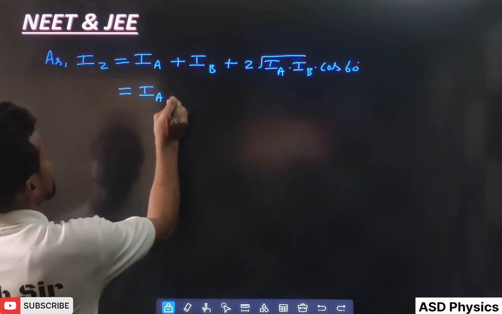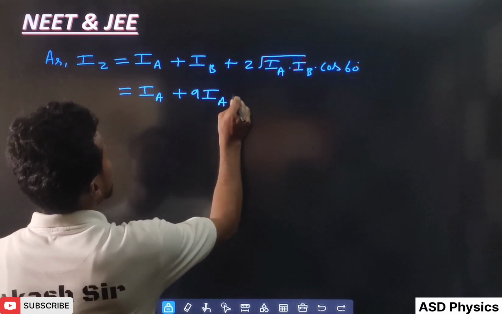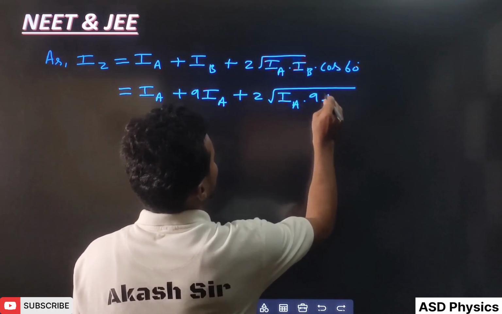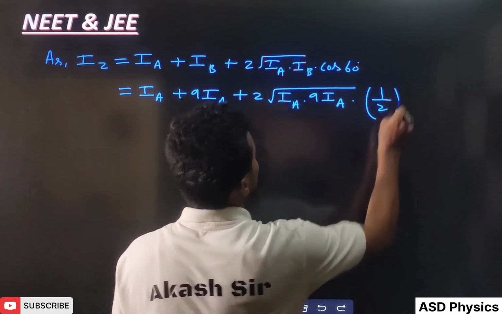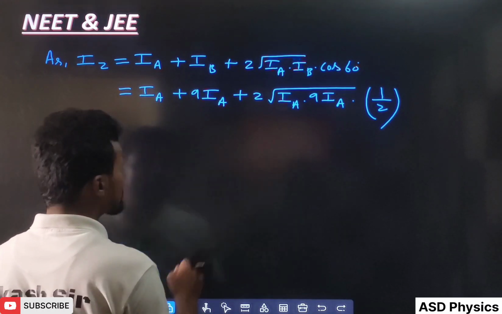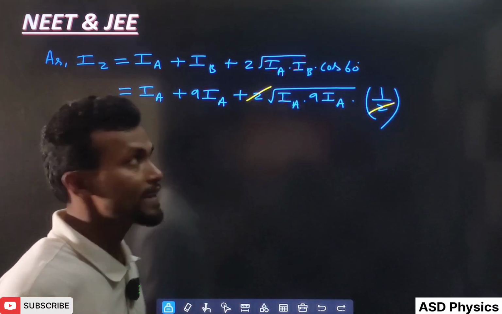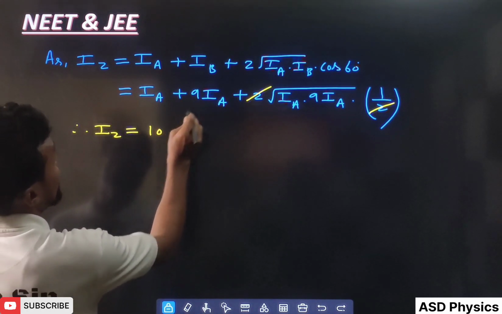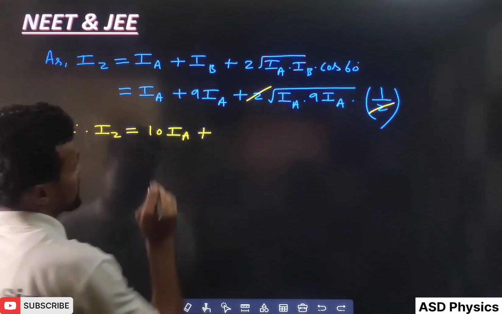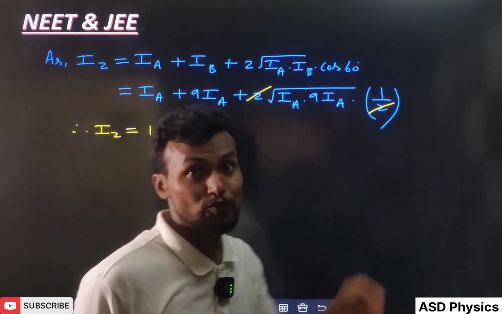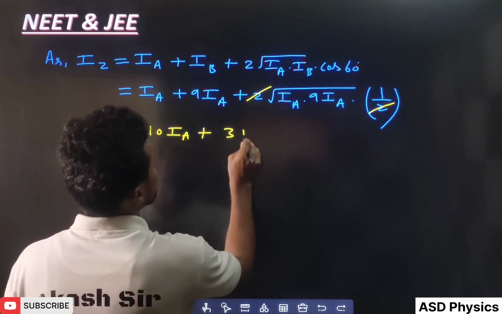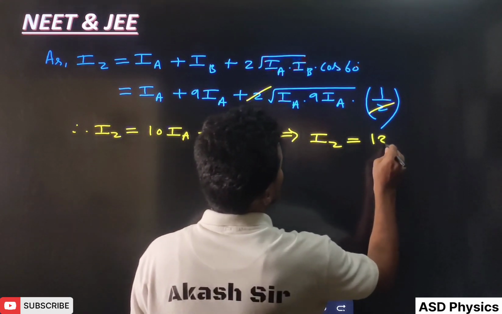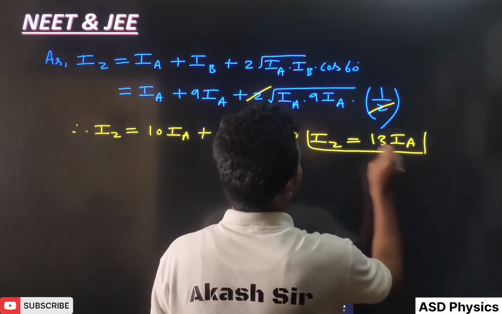That means IA plus 9IA plus 2 square root of IA into 9IA, and cos 60 is 1/2. The 2 and the 2 cancel out. So I2 equals IA plus 9IA, which is 10IA, plus square root of 9IA squared, which is 3IA. Overall, I2 comes out to be 13IA.